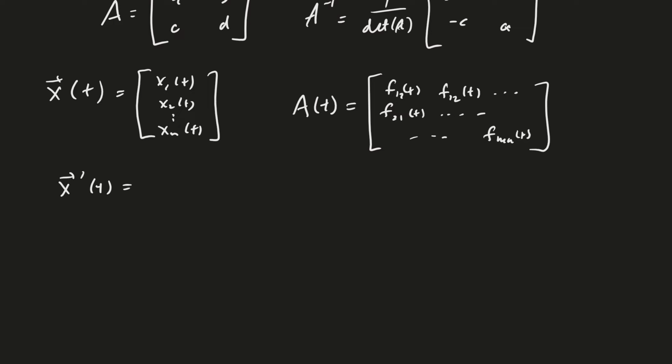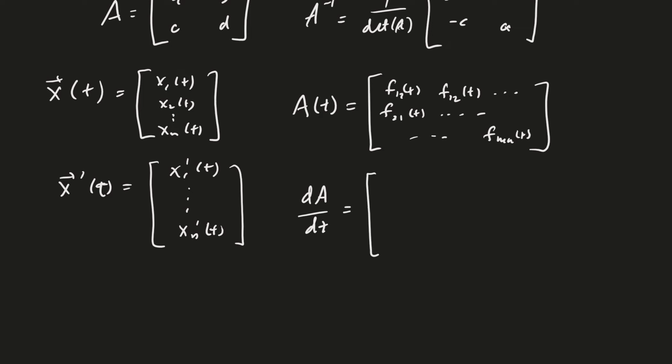If you take the derivative of a vector of functions, that's done component-wise. And same thing for a matrix. You could take the derivative of the matrix with respect to t, and you would just do that component-wise. So all the functions you would just differentiate to get the derivative.